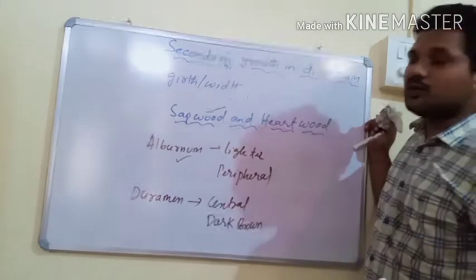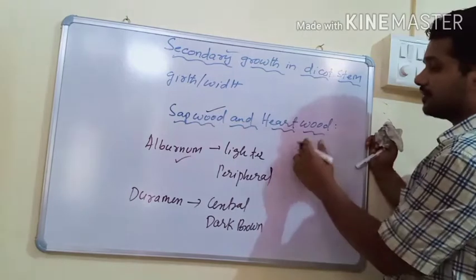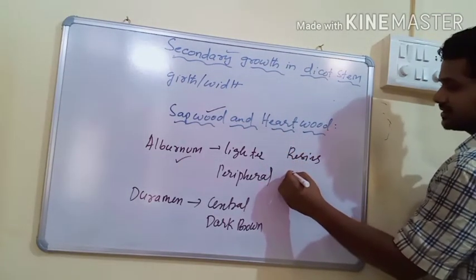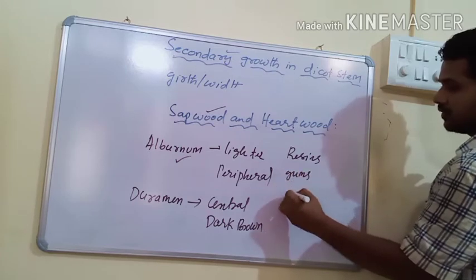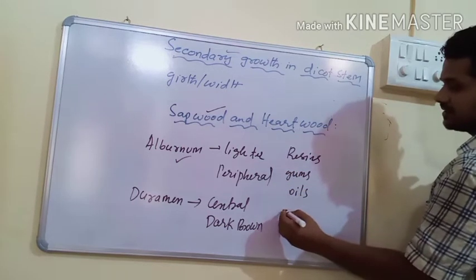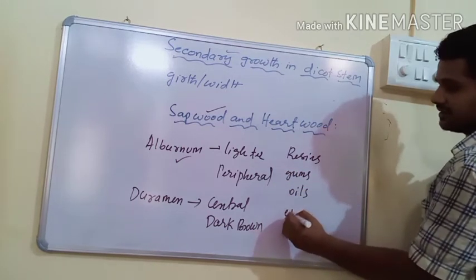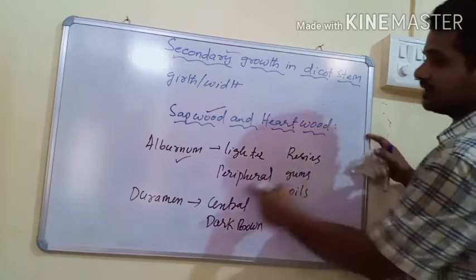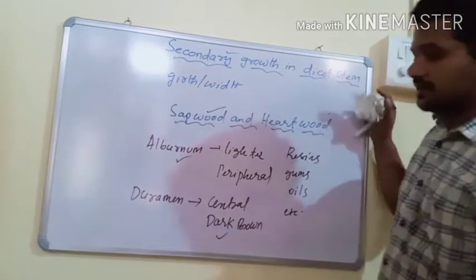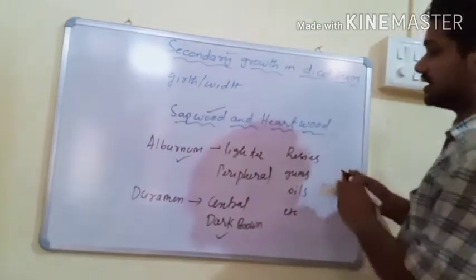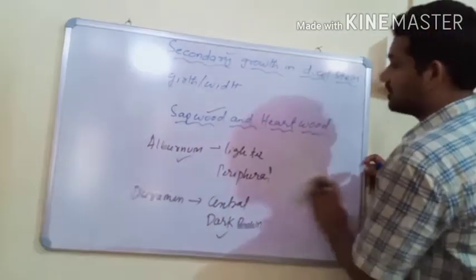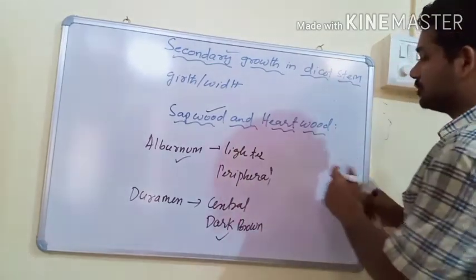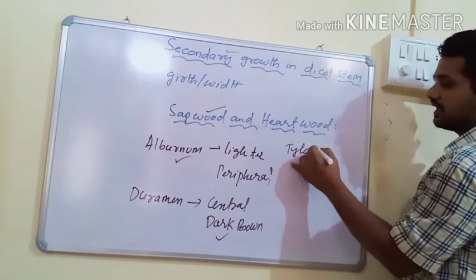The dark brown color of heartwood is due to the presence of resins, gums, oils, enzymes, essential oils, etc. Due to the presence of all these organic compounds, the color of duramen is dark brown. And the duramen, or heartwood, does not conduct water and minerals due to the presence of tyloses.